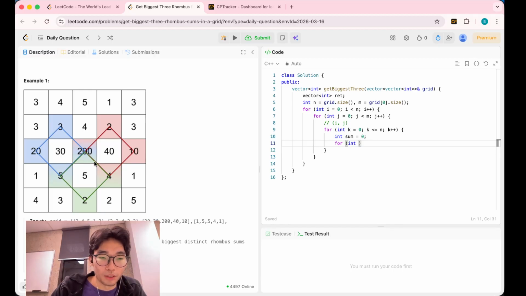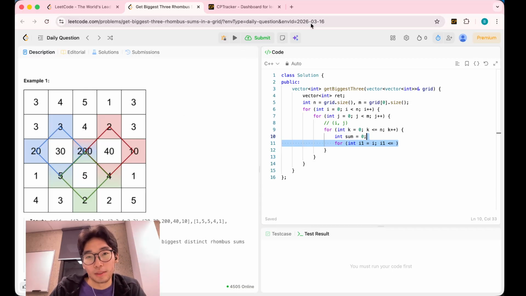Let's give it 1, 2, 3, 4, something like that. So the initial number plus 1 plus 1.